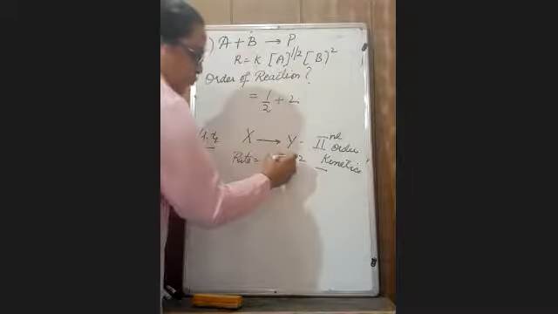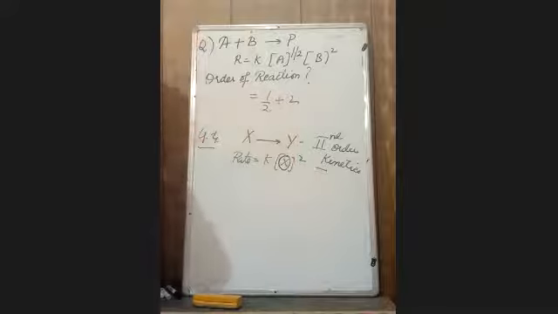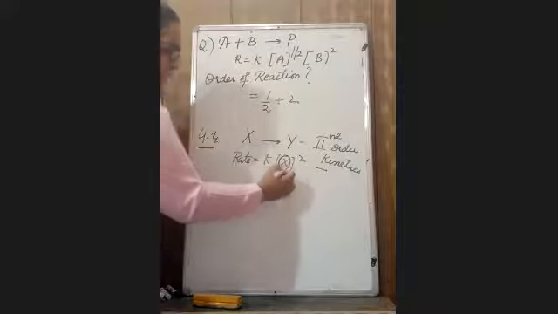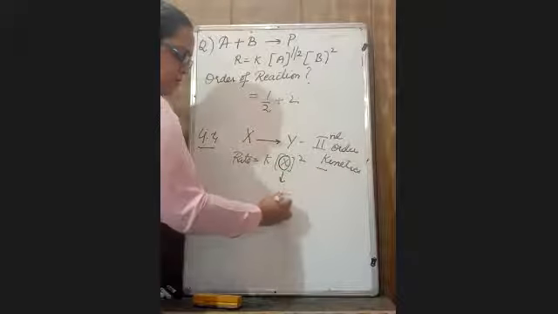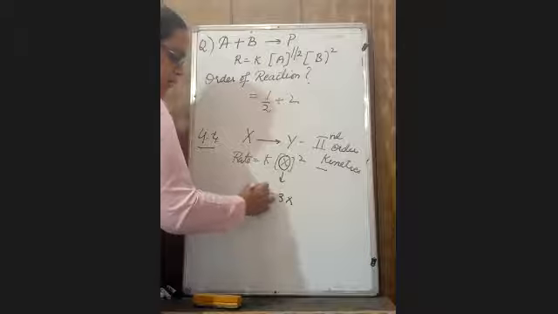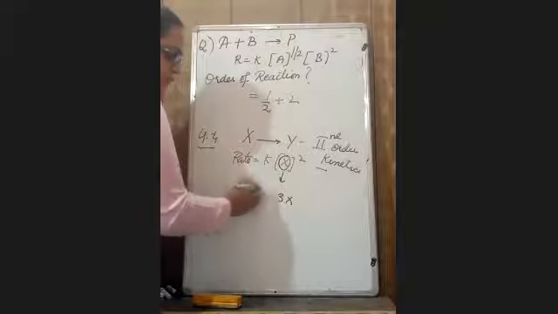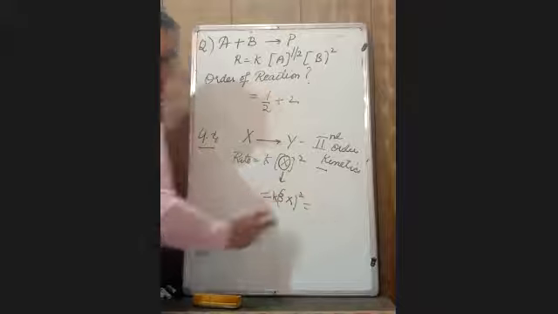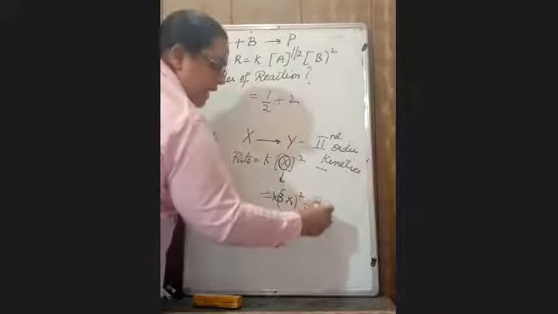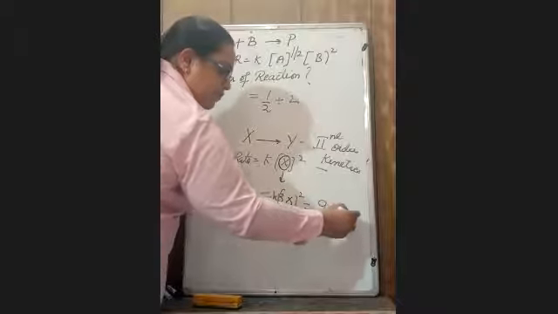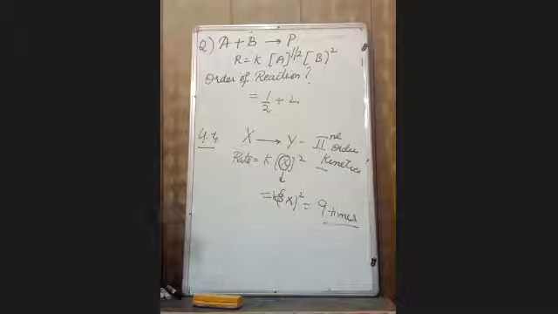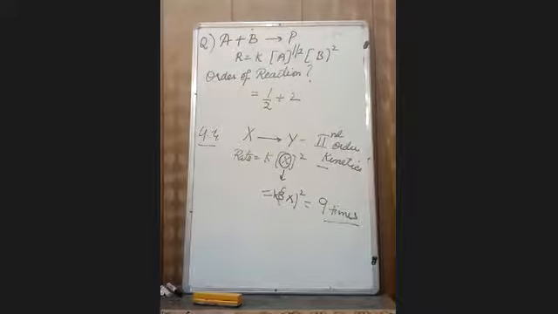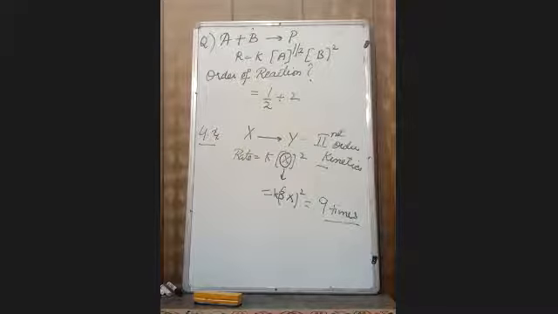My dear students, suppose it is X given to us. I am increasing it to 3 times, 3X. How will the rate increase? How much time? It will be 9 times. I hope it is clear to you. Is there any doubt? Please message me. Okay.